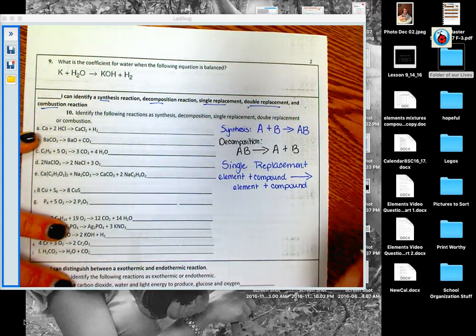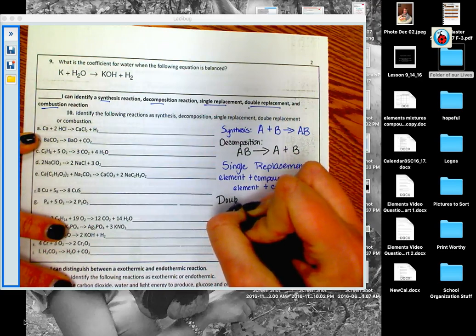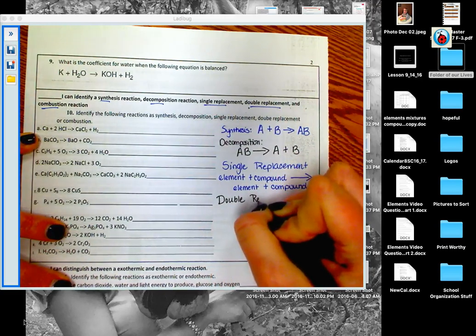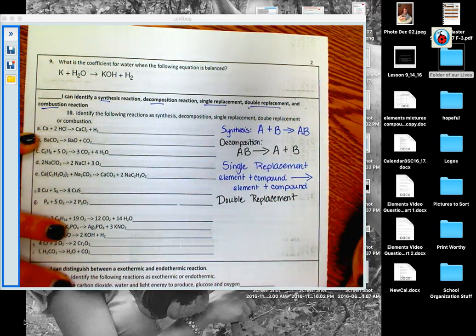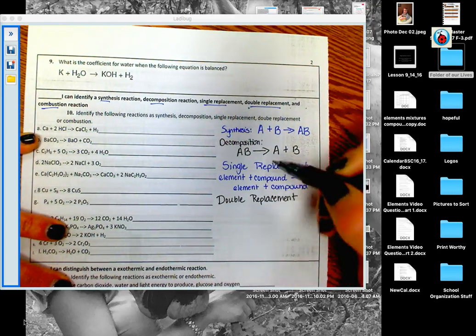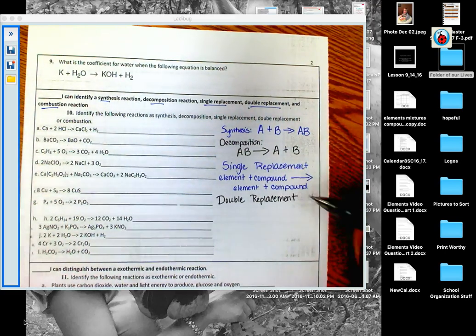The next one that's on the list is a double replacement. And double replacement means exactly what it says. It means that you're replacing double the amount, or two things. Single always means that there's one thing that's happening, and double means that there's two.